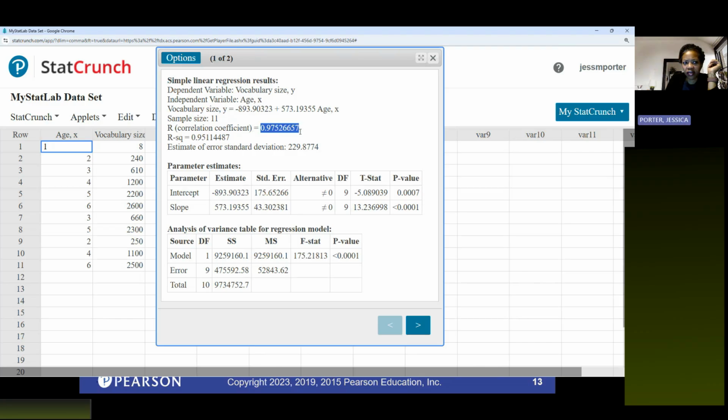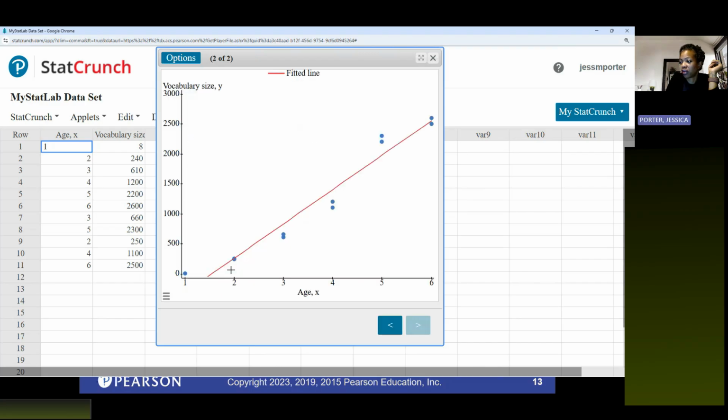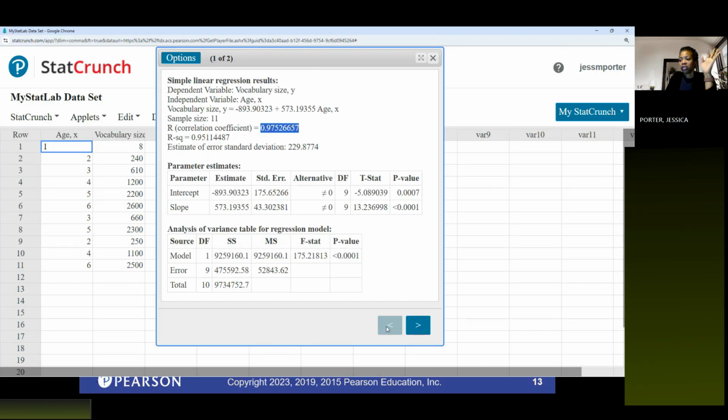It's 0.975. So that's pretty strong. Notice I look like I'm pretty much in a straight line. Just a side note, in 9.2, you will be asked for the equation of the line, and that's here.